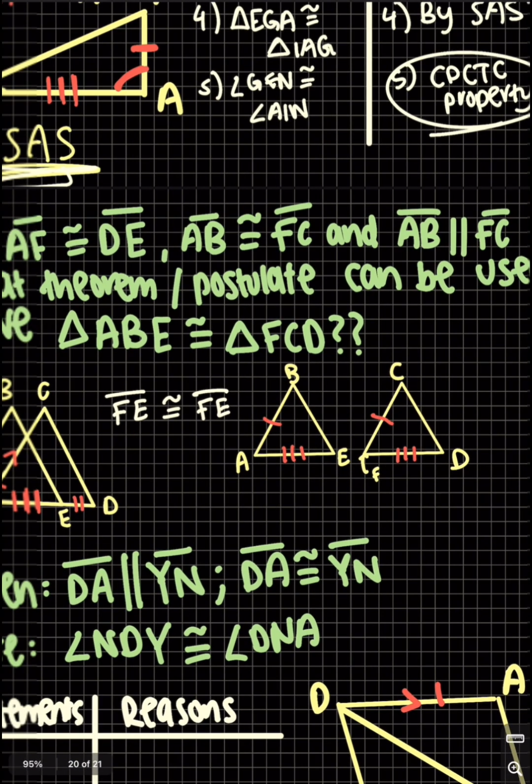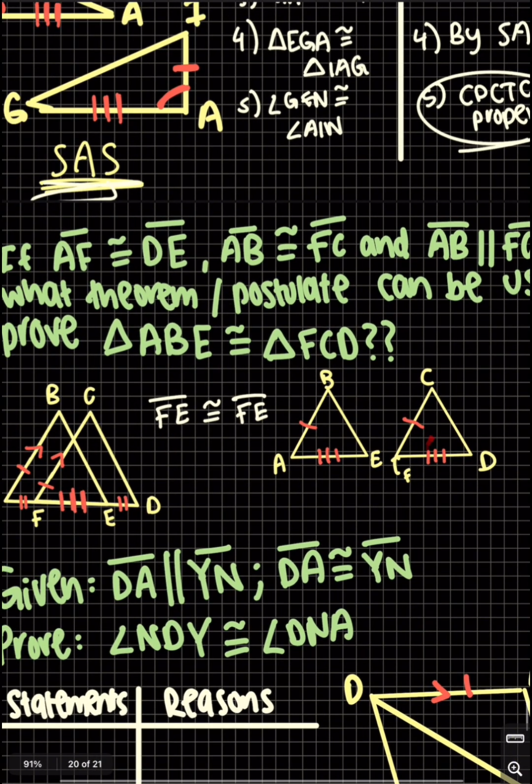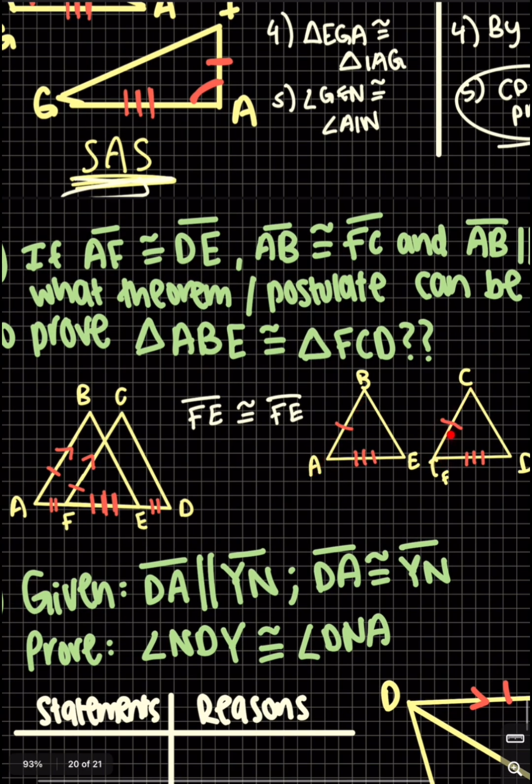This is the same thing as that; they're just overlapped in a way. It's already given that AB is congruent to CE, or EC, and I know by the reflexive property that FE is congruent to FE, right? Meaning that AF was already given to be congruent to DE.